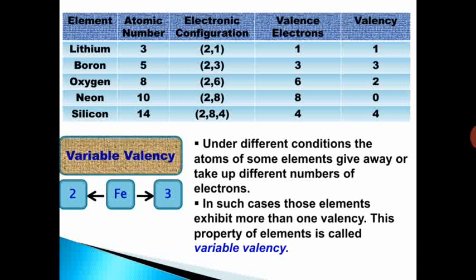Consider the example of iron. Iron shows variable valency, that is 2 and 3. When the valency is 2, it forms the compound FeCl2, and when the valency is 3, it combines with 3 chlorine atoms and forms FeCl3.